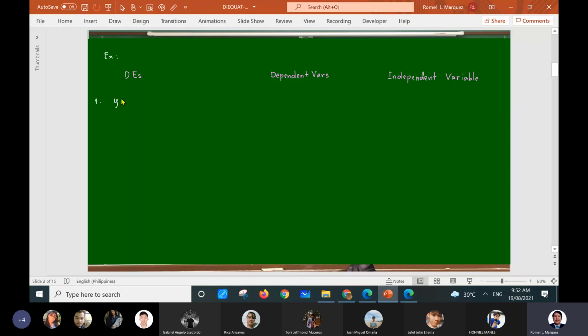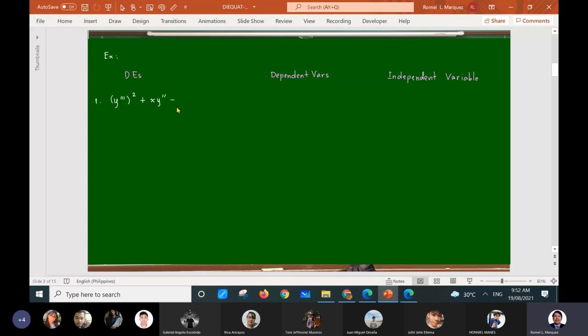y triple prime. This is one notation for derivative, no? We call this prime notation. Quantity squared, so third derivative, that is y triple prime, quantity squared plus xy double prime.